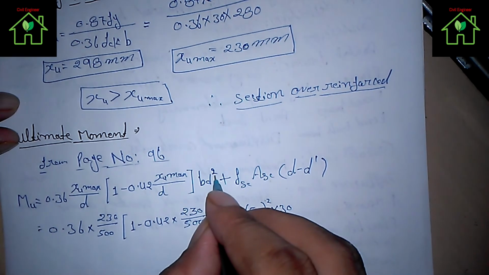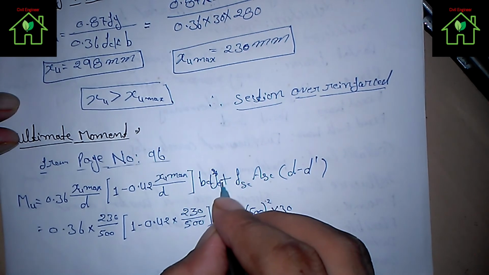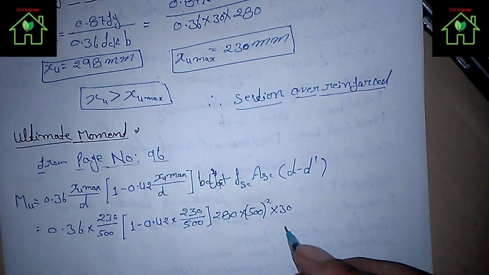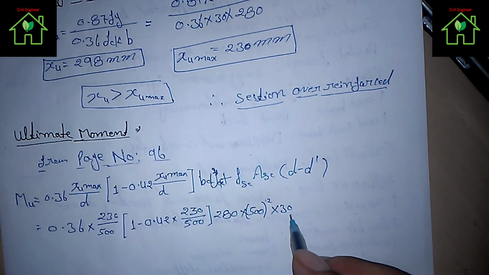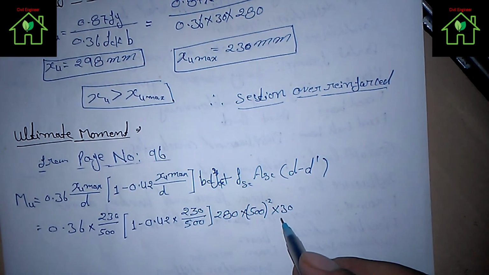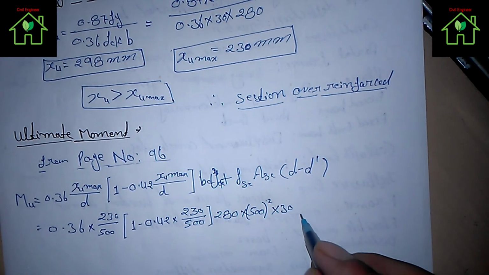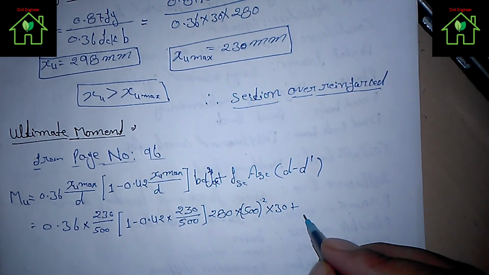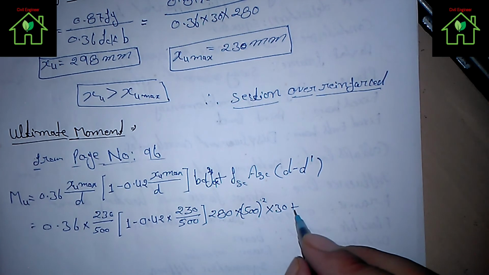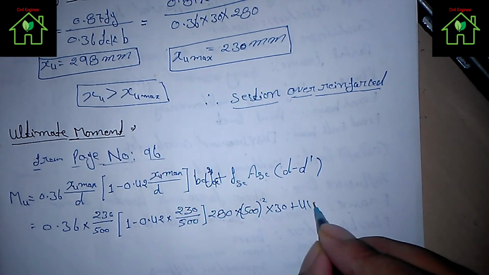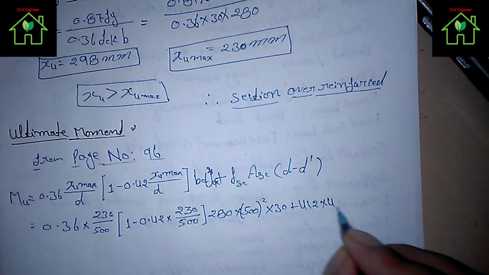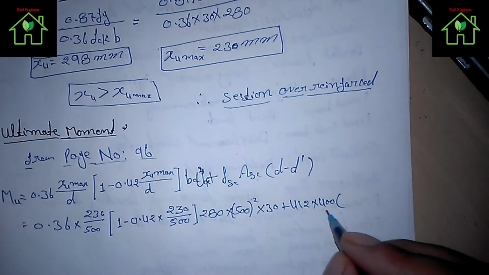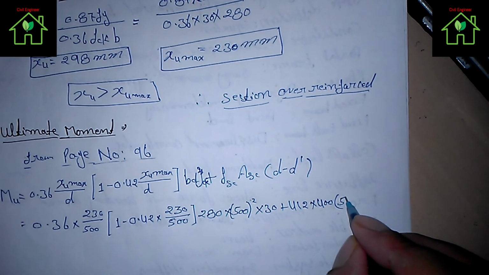Oh, sorry. Here fck is missing, because fck is 30. We are using M30. Okay. Plus, what is fsc? fsc is equal to 412 into 400 into bracket 500 minus 50.